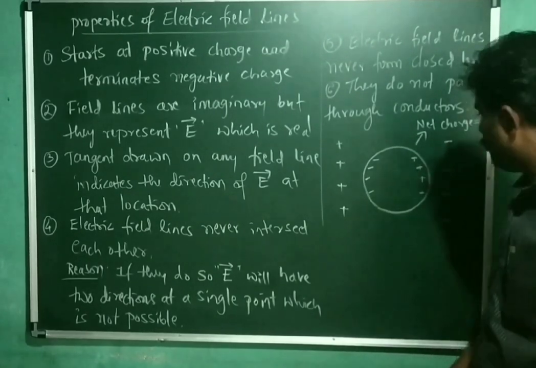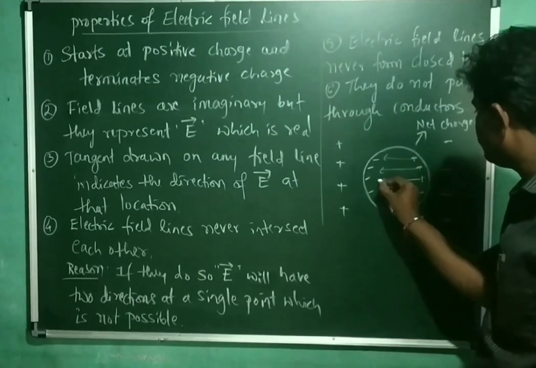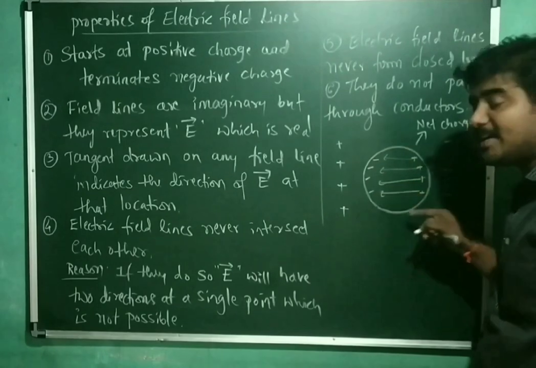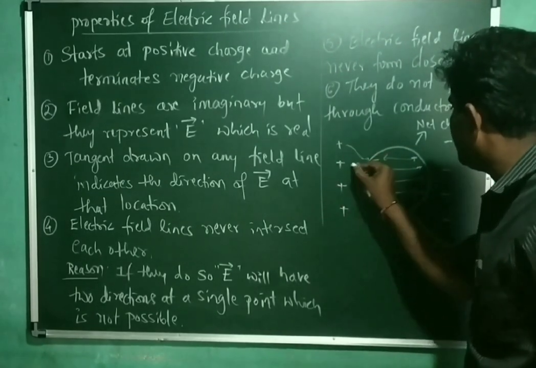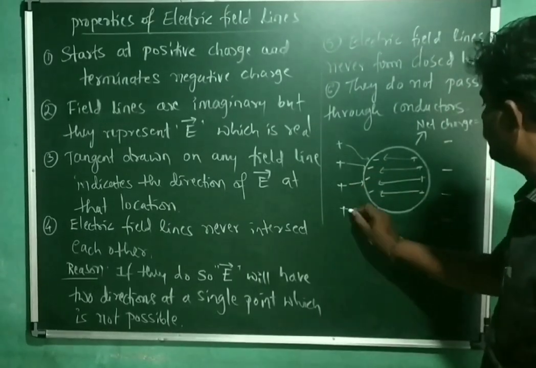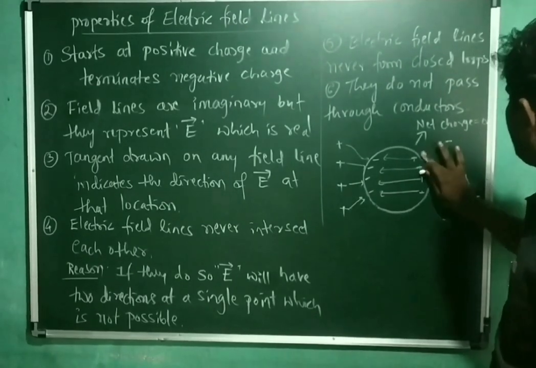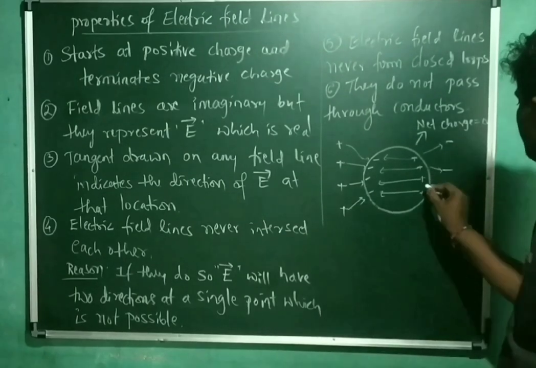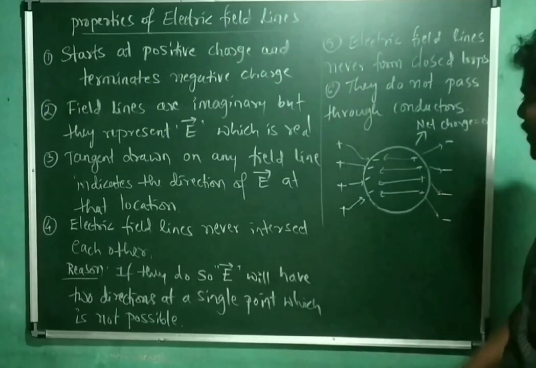And you know, from positive to negative there will be an electric field. One electric field is created inside the conductor. Electric field starts from positive and terminates at negative.